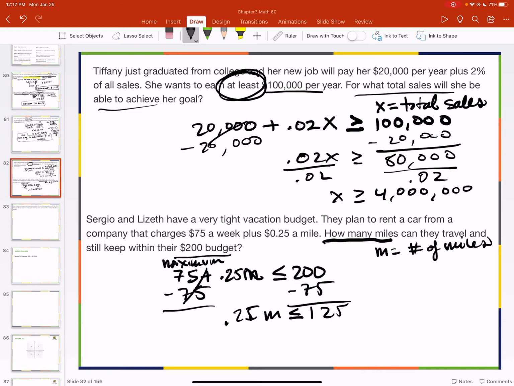So then 125 divided by 0.25, M has to be less than or equal to 500. So the maximum that they can travel is 500 miles. Okay, cool. Very good.